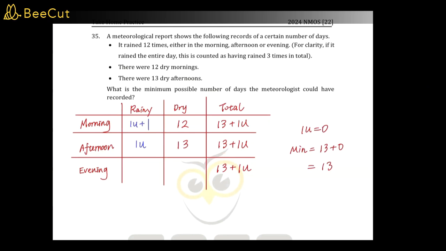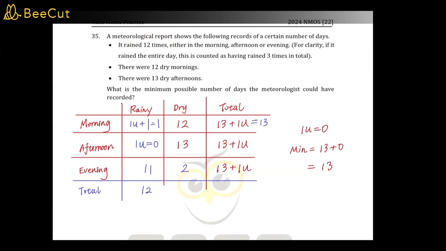Right. Then we'll see that if this one is a 0, so this equals to 1. This equals to 0. It says it rained 12 times. There's 1 plus 0 plus 11. So total is 12. Okay, it rained 12 times. Then this is 2.